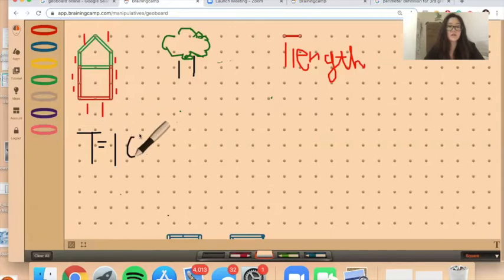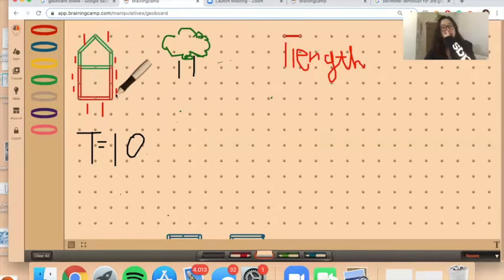Now, let me pose a question. Why do we not count these 2 pegs right here? Think. What do you notice? What do you wonder?